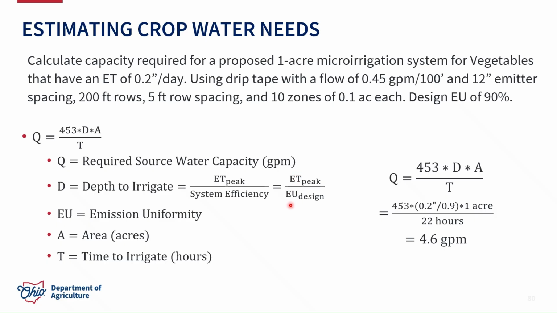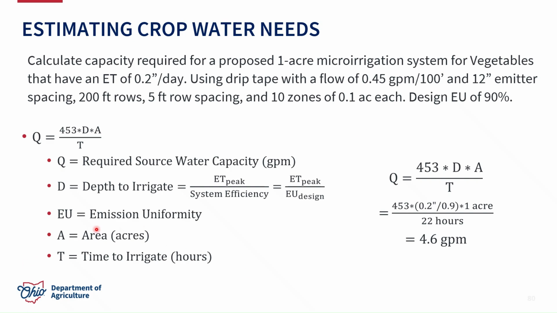So that peak ET divided by our design emission uniformity, in this case, is 90%. That's just a good target number to hit. When we come back into the actual design with the actual tapes that we selected and the true bed layouts, our EU may be a little bit higher or lower, but this just gets us in the ballpark for selecting our tapes.